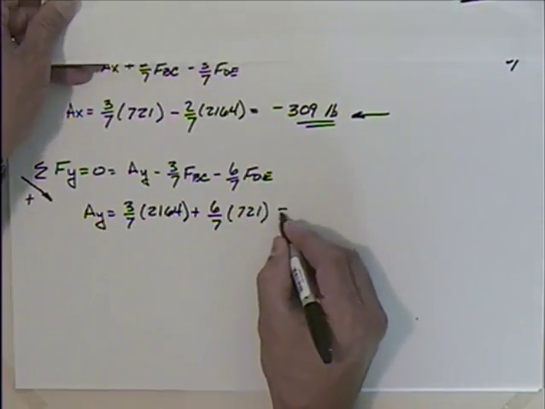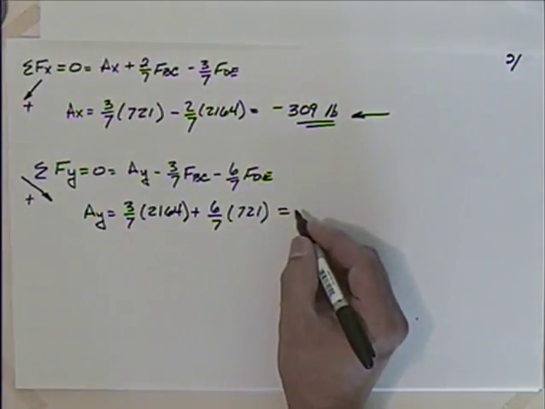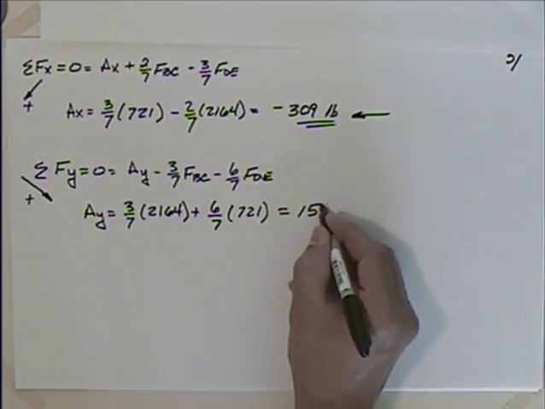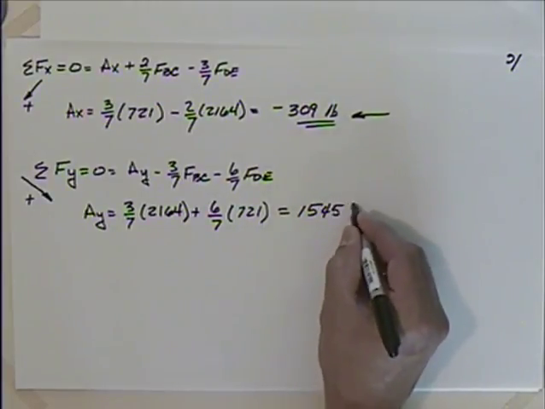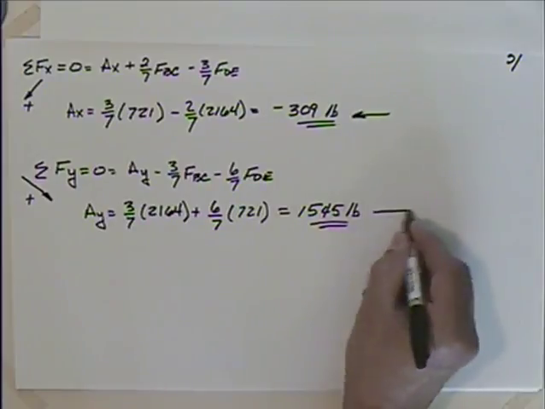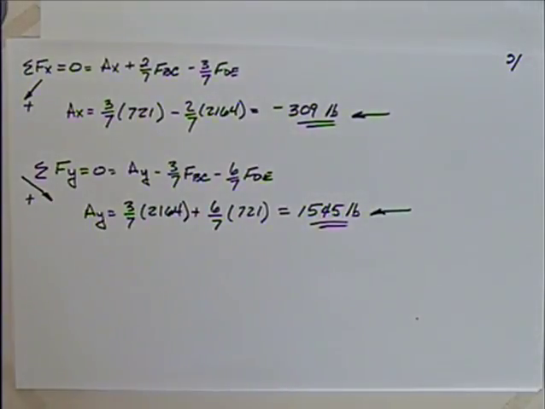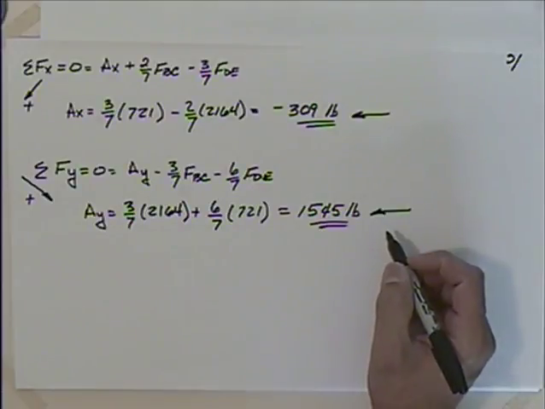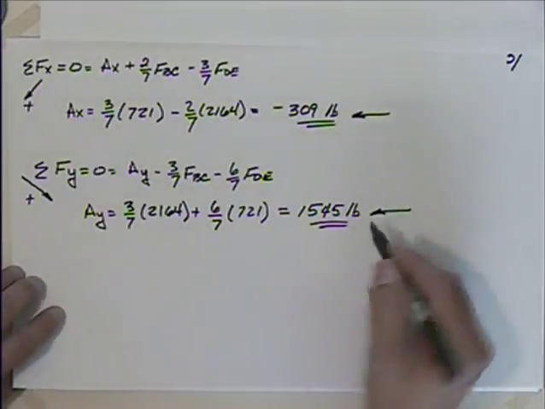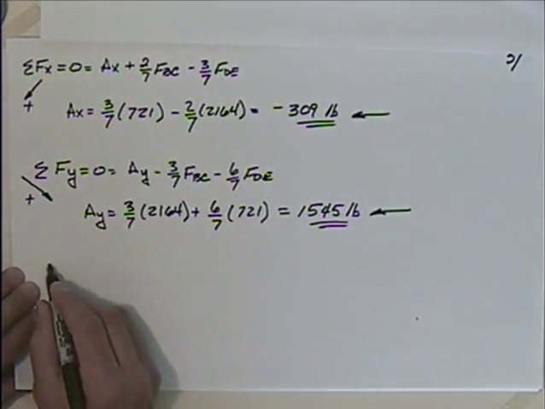Making that substitution, that should turn out to be 1545 pounds. Let me double check that. Yep, 1545 pounds. And we'll talk more about that. That's an important answer. But let me finish up while we're here.